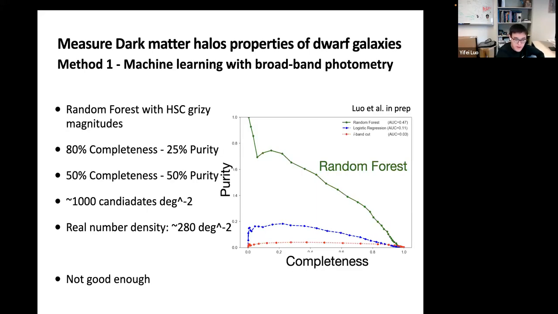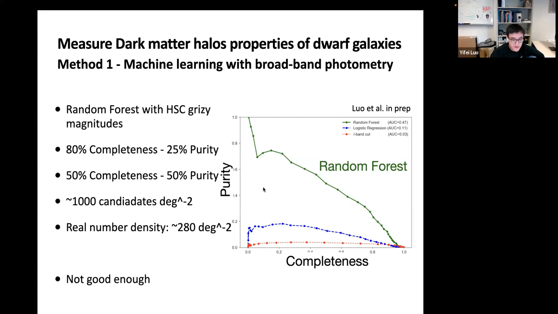Another alternative is to use some kind of machine learning technique with existing broadband photometry. This is a pathway we tried, to see if we can just use existing broadband photometry from HSC to find those dwarf galaxies at redshift 0.1. It turns out it's not good at all.